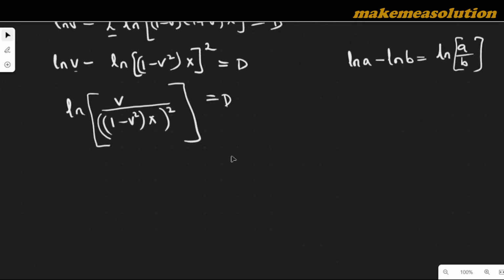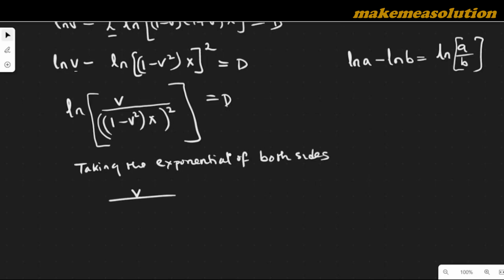So at this point, when you take the exponential of both sides, you're going to get v all over 1 minus v squared times x all squared, because the exponential of ln something is that same thing.